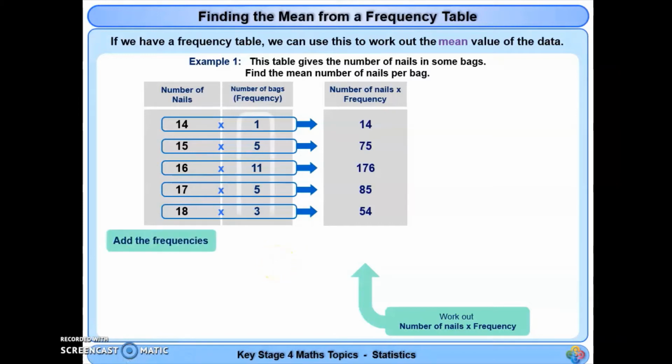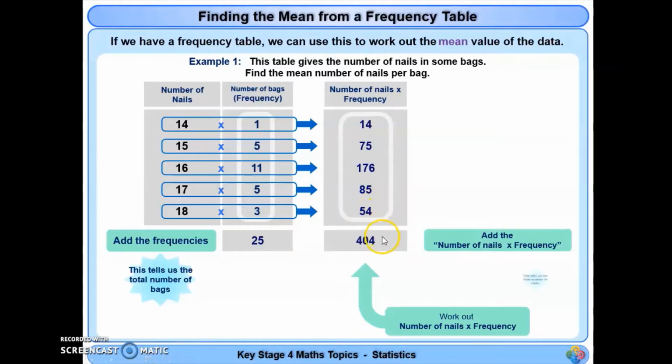So in order to do that, we add up the frequencies, which tells us 25. This total of frequency represents how many bags of nails there were. Then we add up the third column, the number of nails times frequency column, to get 404. This value here tells me how many nails there is in total in these 25 bags.